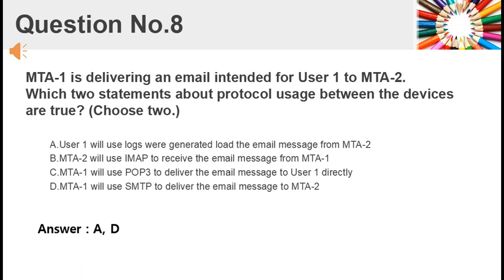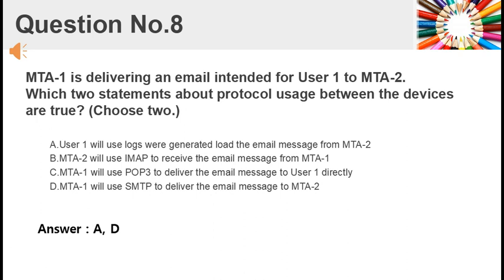MTA1 is delivering an email intended for user 1 to MTA2. Which two statements about protocol usage between the devices are true? Choose 2. A. User 1 will use POP3 to load the email message from MTA2.